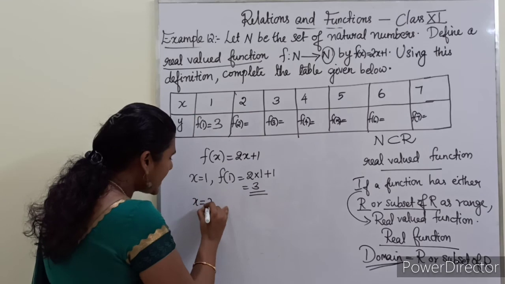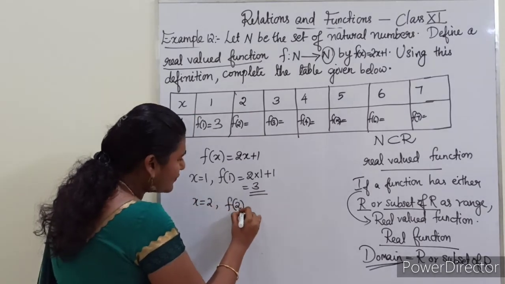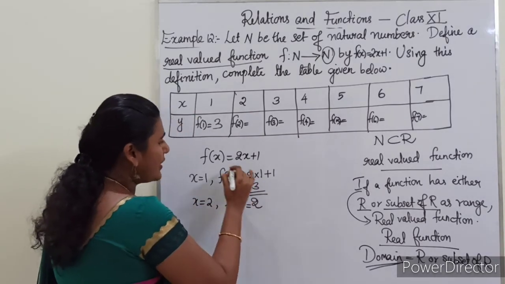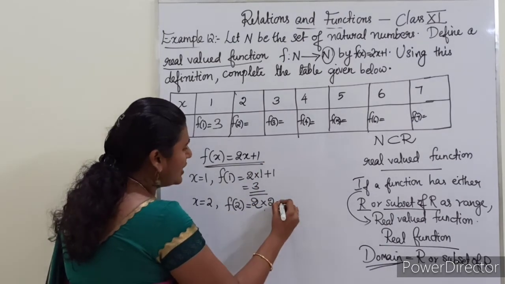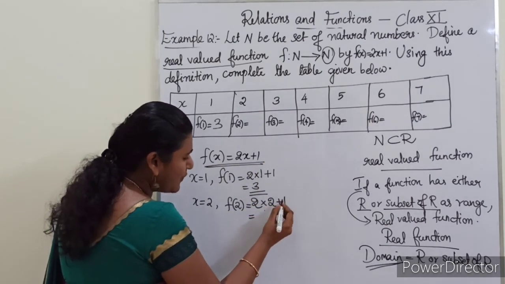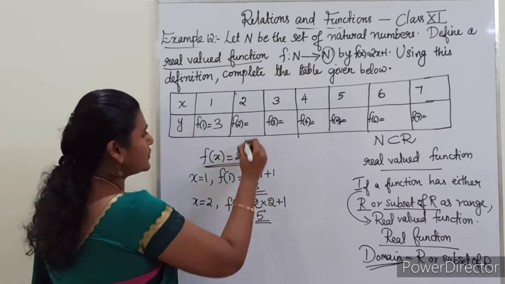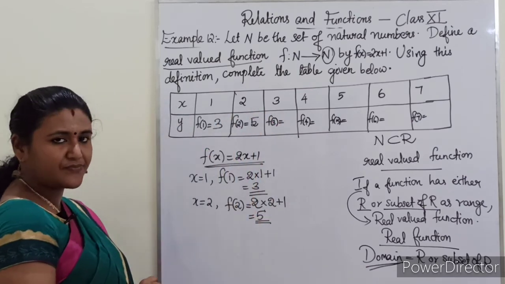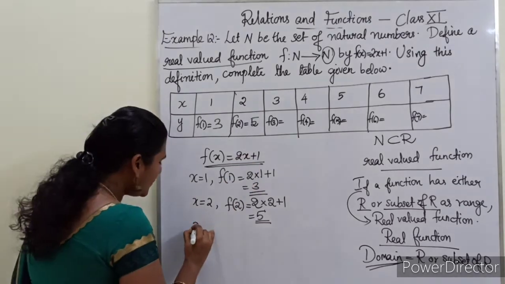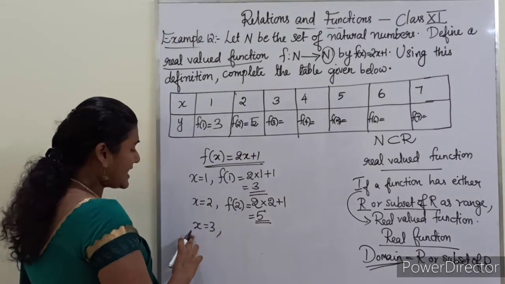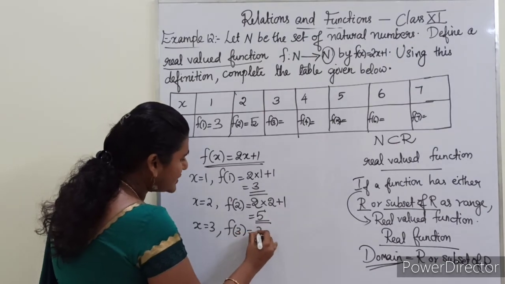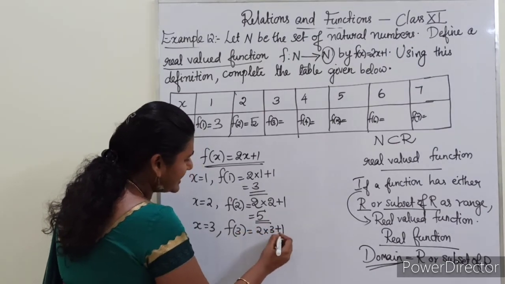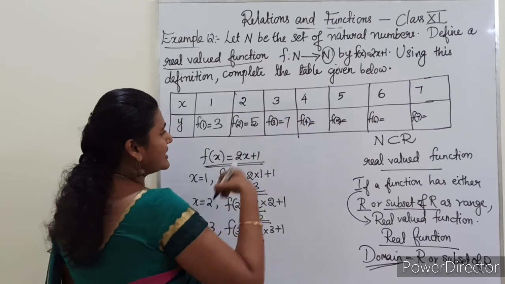Similarly for x equal to 2, we find f of 2. In this rule we substitute x equal to 2: 2 twos are 4, 4 plus 1 is 5. So you get the value 5. Do the same for the other values of x. When x is 3, f of 3 is 2 into 3 plus 1, that is 6 plus 1, equal to 7.